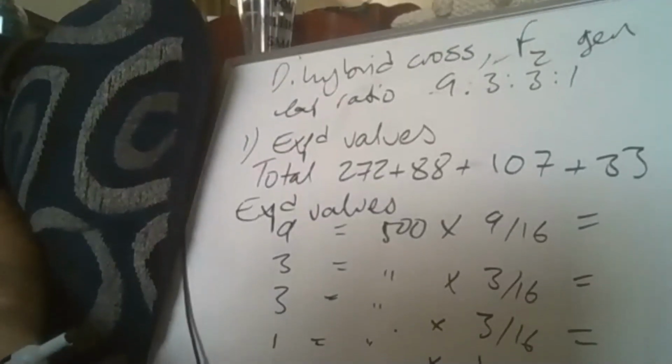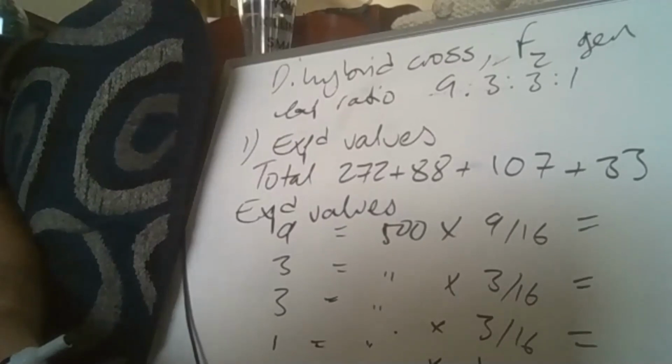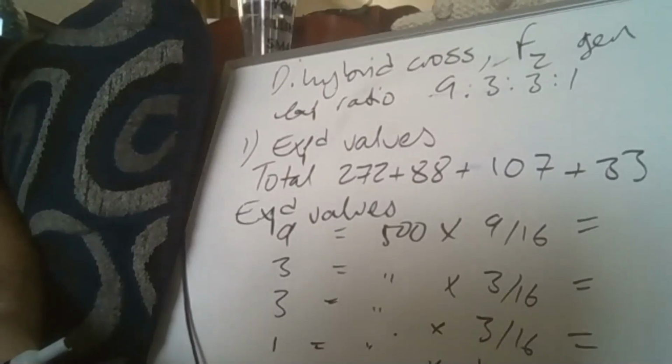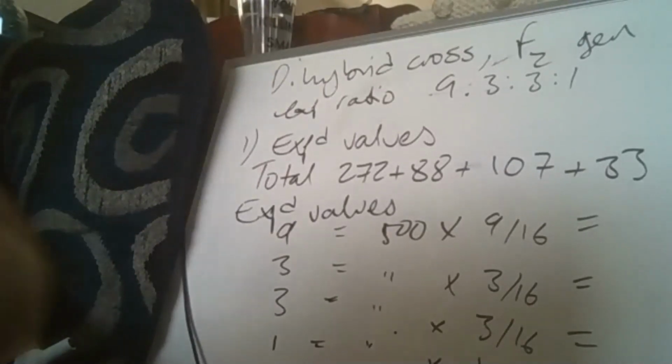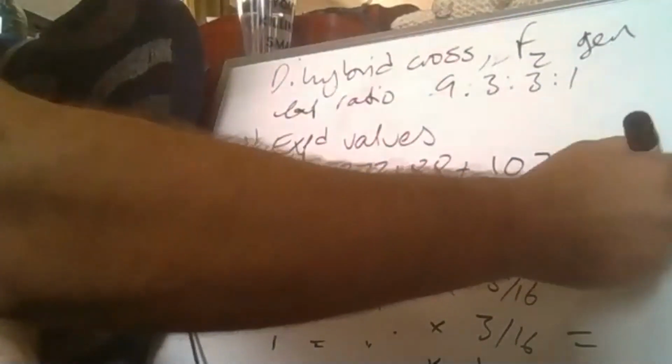Give me a second. 500 times, oh, yeah, shift, 9 divided by 16 equals 300.